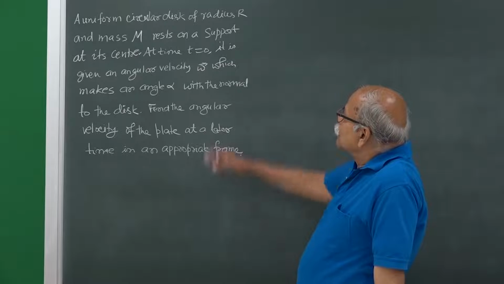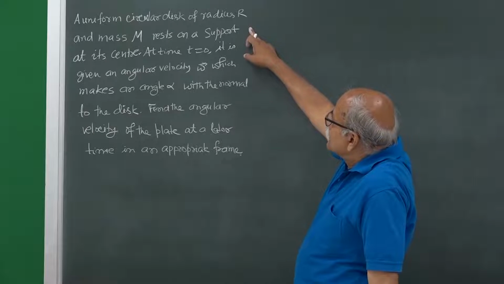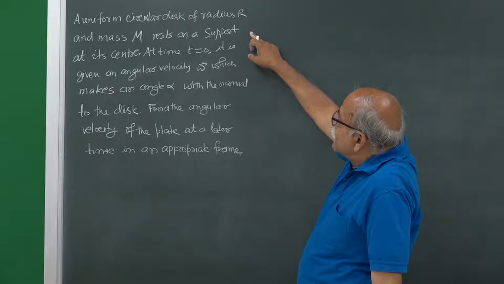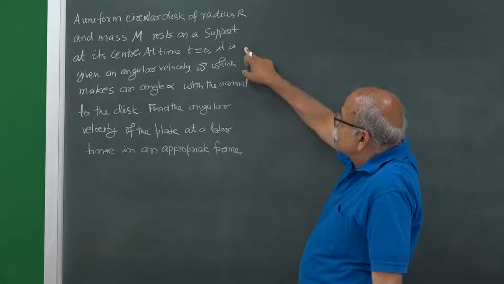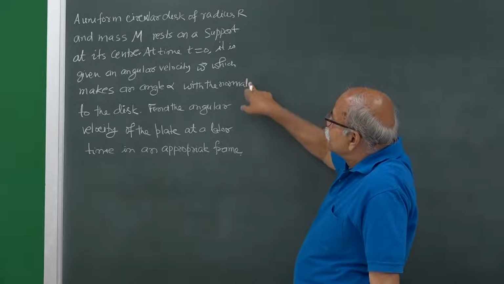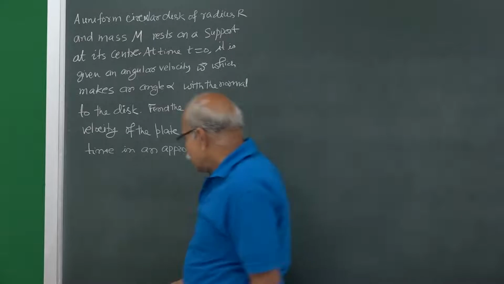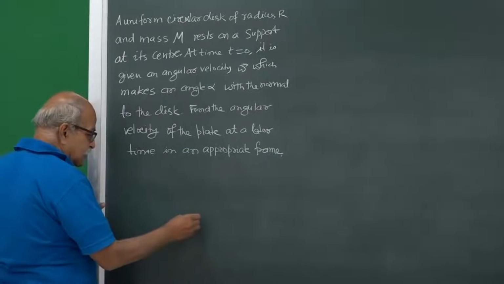A uniform circular disc of radius capital R and mass capital M rests on a support at its center. At time t equal to 0, it is given an angular velocity omega, which makes an angle alpha with a normal to the disc. So, what is the situation? You have a circular disc.